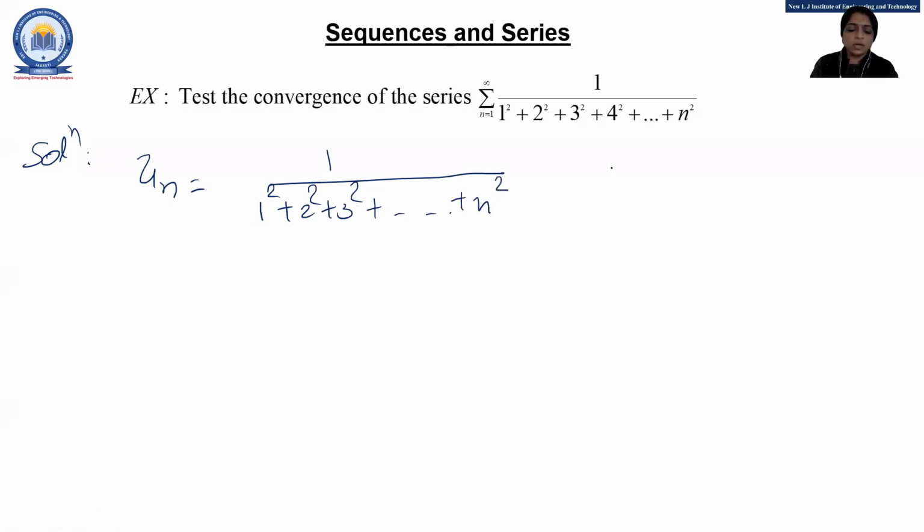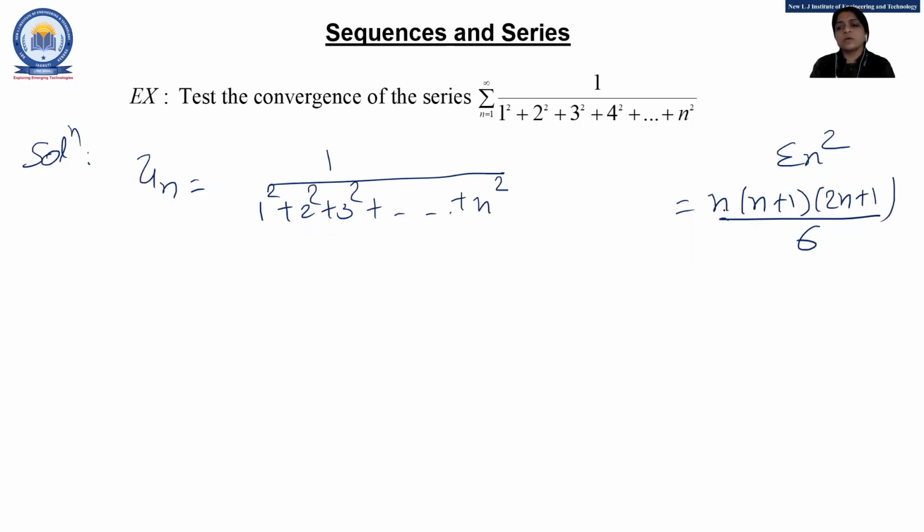As you know, this is the summation of n square in the denominator. The summation of n square is n into n plus 1 into 2n plus 1 by 6. I think you learned this in your school days, 8th to 12th.